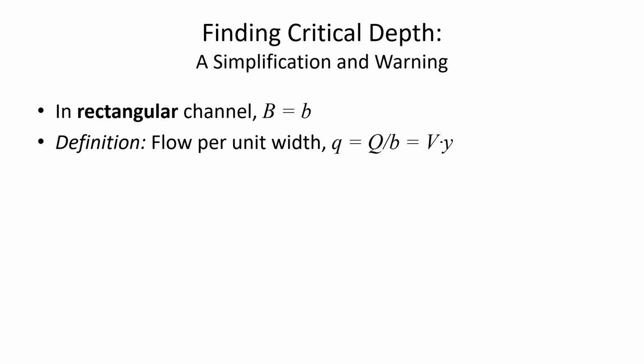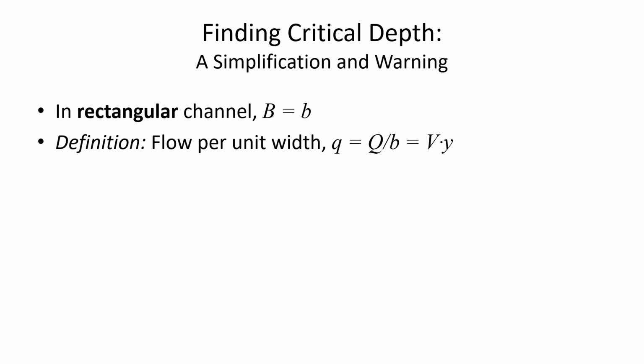What that means is that there's 2.5 cubic meters per second per meter of width. So we're saying, let's divide this up into sections, and how much flow is going through each of those 1 meter sections? 2.5 meters squared per second is how we could express the flow per unit width.